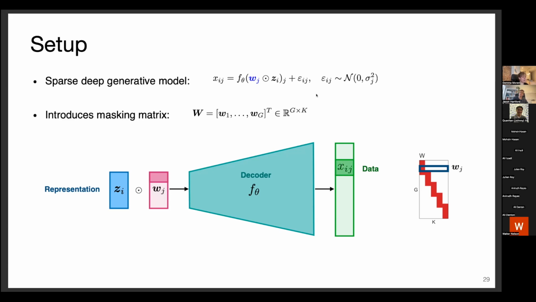We can view this masking matrix W as analogous to the loading matrix from the linear situation, where we're getting that anchor structure in this masking matrix W in a similar way to the loading matrix from the linear case. As another example, a different gene, gene L, would use a different subset of the latent factors to generate that. And this is where the sparsity in our connections comes in.